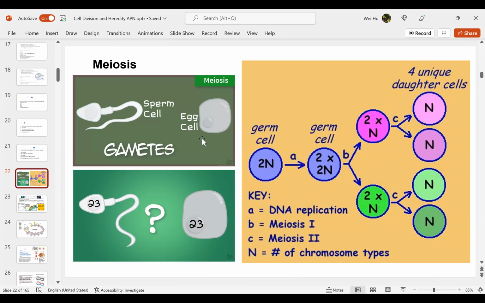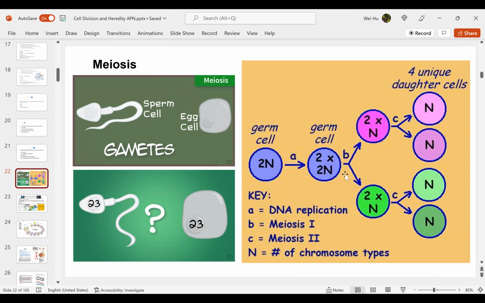Okay, so now let's talk about meiosis. So what's meiosis? Making germ cells, right? Remember, your germ cells are haploid cells, only containing half the amount of chromosomes. So in meiosis you're making your sexual cells.